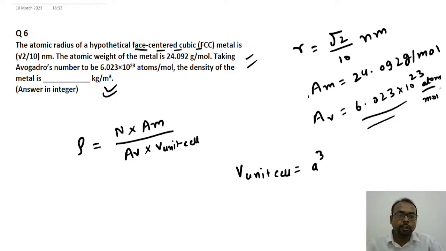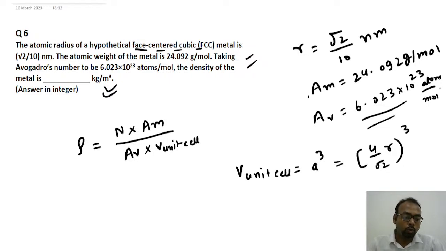And for face-centered cubic, we know one relation between a and r. This relation is given by a equals 4 by root 2 into r. So if we put the value of r here, we can get the value of a cube also.